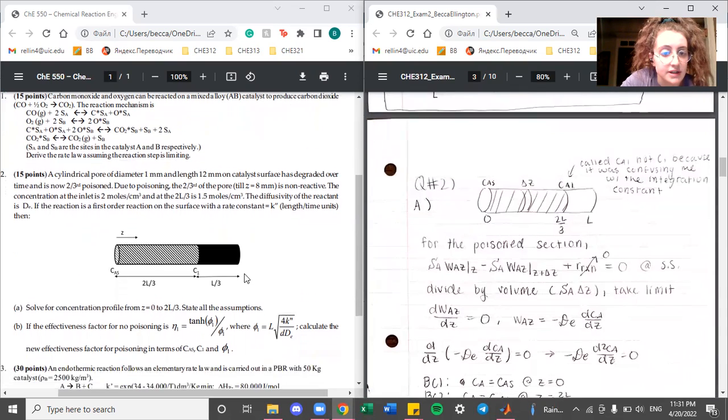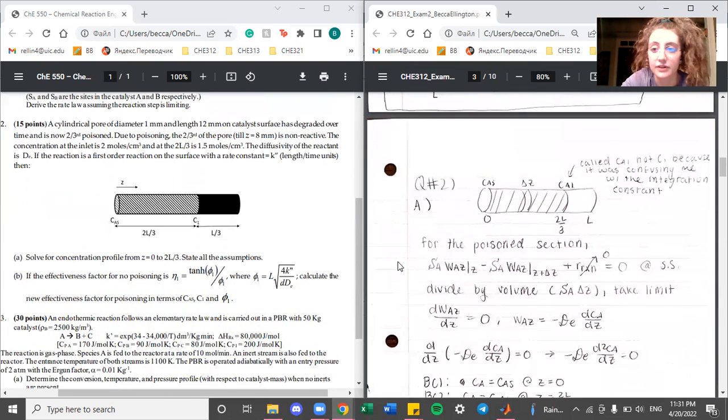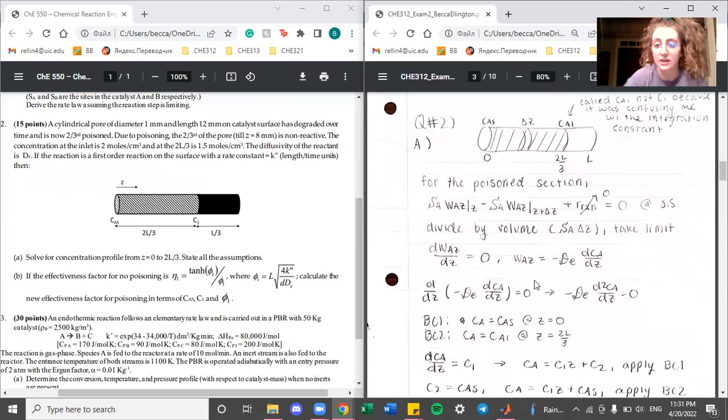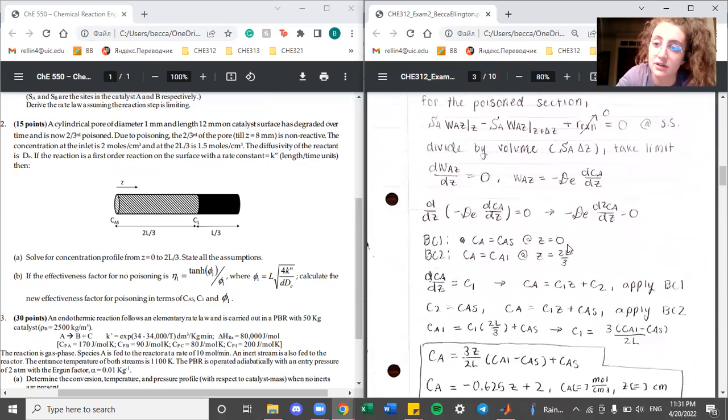For question 2, a cylindrical pore, part of it is poisoned. For the poisoned section, I did a regular shell balance for the mole flux. No reaction is taking place in this section, so it ends up just being that the mole flux is constant. Then I plugged in Fick's law and solved for the concentration of Ca. For my integration constants, I used the boundary conditions, which stated that at the very beginning, at z equals 0, the concentration of A is equal to Ca at the surface.